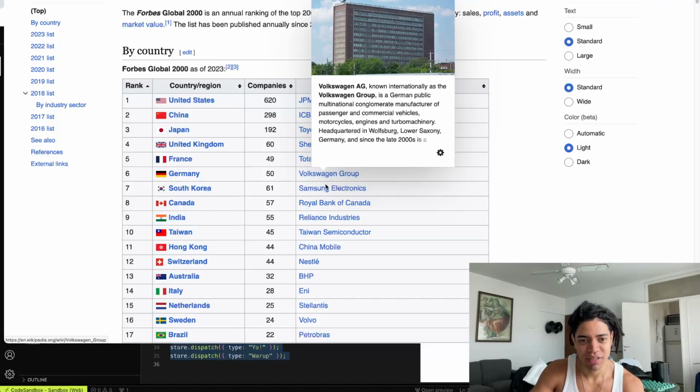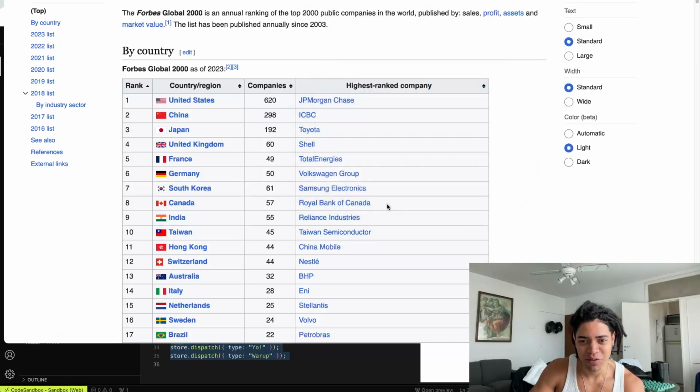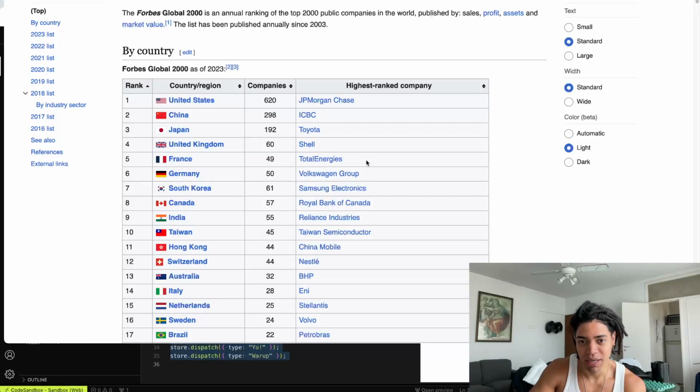Volkswagen Group, Samsung Electronics, Royal Bank of Canada. But you know what the funny thing of all of this is? It's banks, energy, banks, energy, and other banks.